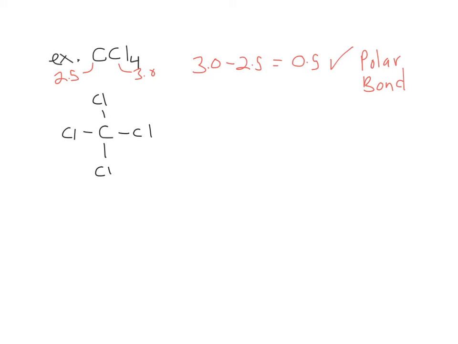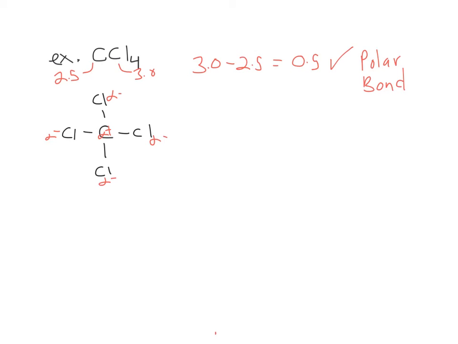We add our partial charges. Chlorine has the higher electronegativity, so it becomes slightly negative. Carbon becomes slightly positive. Now we have to look at the overall geometry of our molecule and determine whether or not we have direction of charge.